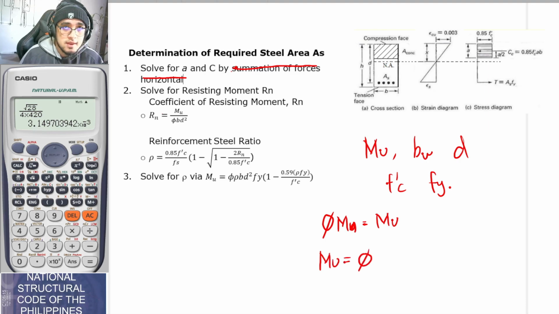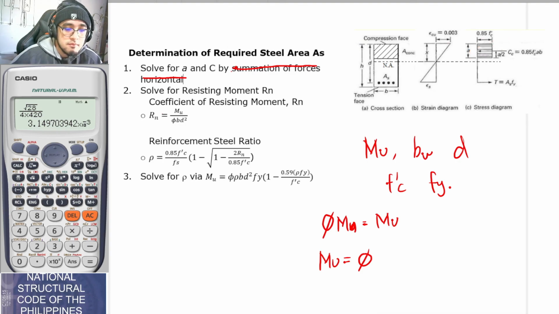So ano ba ang MN natin? We can either use AS FY times D minus A over 2, or 0.85 FC prime times AB times the lever arm of D minus A over 2. With that, we would be making use of the compression by concrete for our moment.